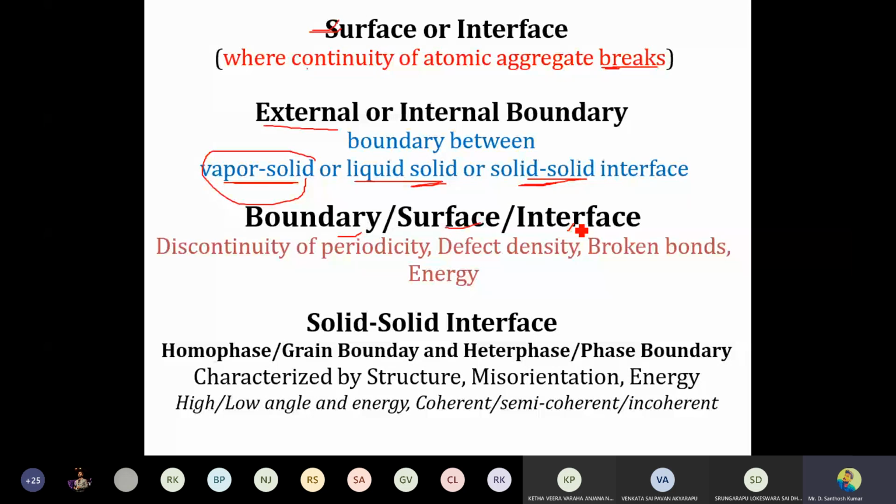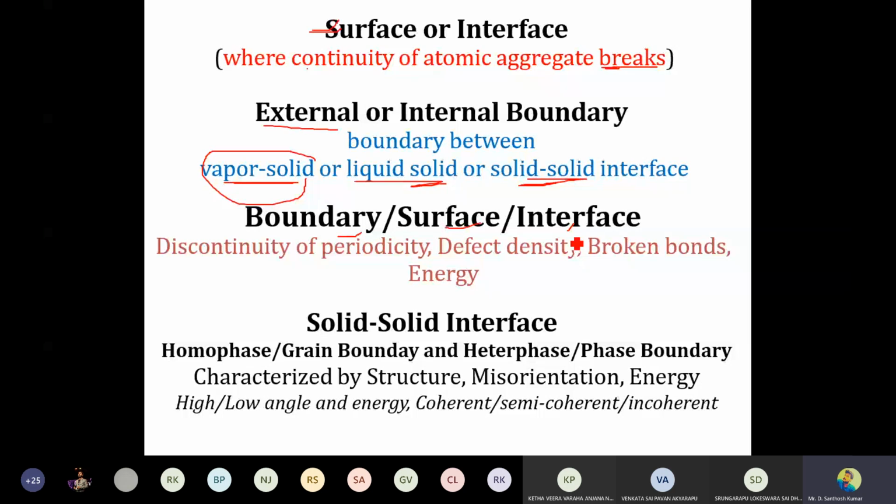Discontinuity of periodicity is nothing but, because if you consider it three-dimensional, it may be amorphous or it may be a crystalline structure. If there is a change in that, if the atoms' orientation is changed, then obviously the aggregate breaks, meaning whatever continuity there is will break. Then obviously a new surface will arise.